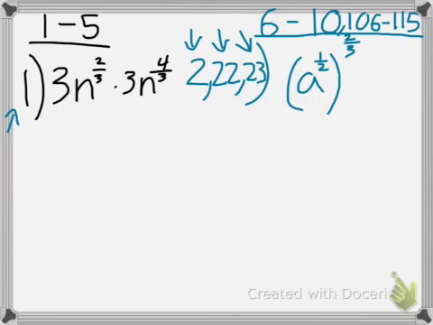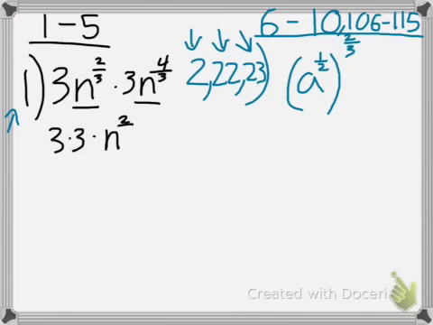Alright, so here we have a question 1 on the test. It's going to look something similar to this. The one in black. It has 3 times n to the 2/3 times 3 times n to the 4/3. And then one of the properties we learned about exponents, I mean the 2/3 and the 4/3, is if we have a common base, we can add the exponents. So I have 3 times 3 times n, and then I'm going to add the exponents together.